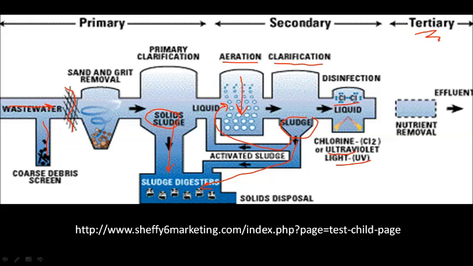And although the focus of this presentation was on wastewater treatment, I want to talk a little bit about how drinking water is treated. The drinking water treatment process is, in principle, very similar to wastewater treatment.